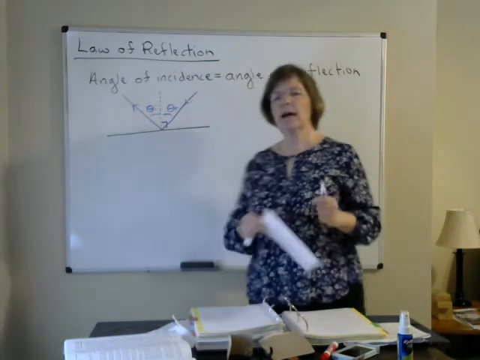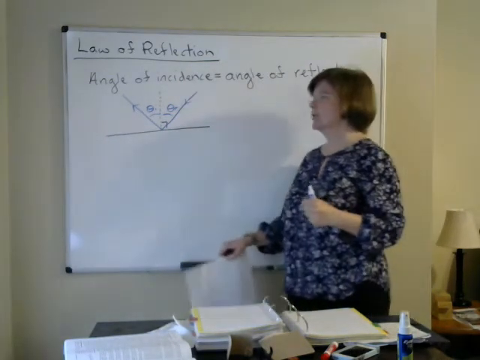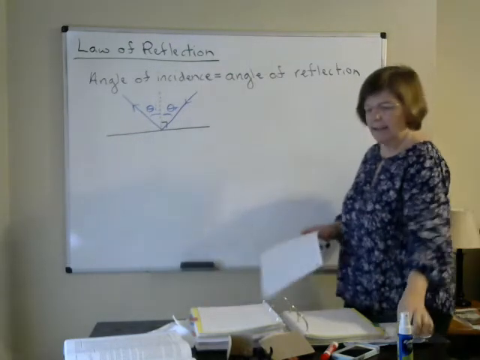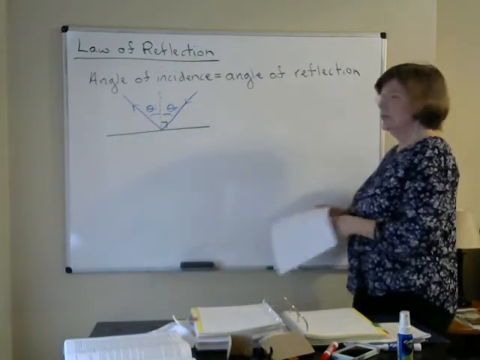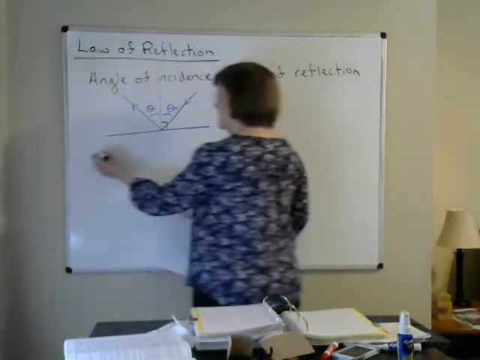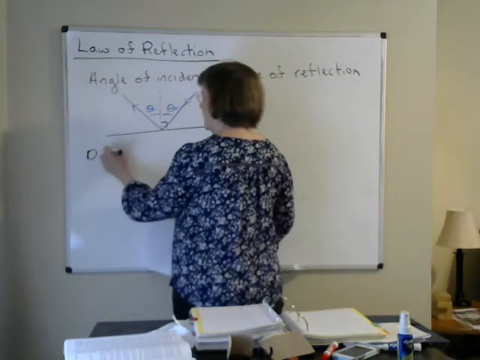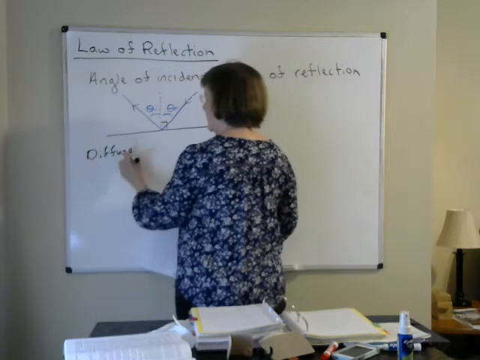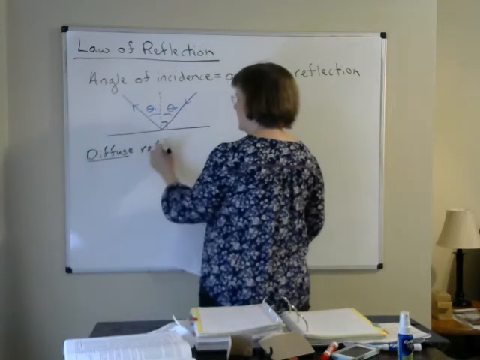There are two types of reflection that I want to mention. When light is incident on most surfaces, most of the time we get something called diffuse reflection.